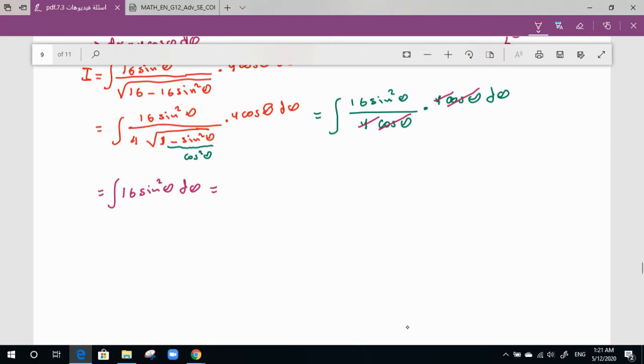To solve this integral, I will take 16 outside. Sine square theta is 1 minus cosine 2 theta over 2, as an identity. After that, 16 divided by 2 is 8. The integral of 1 is theta, because here we have d theta, minus the integral of cosine 2 theta, which is 1 over 2 sine 2 theta.